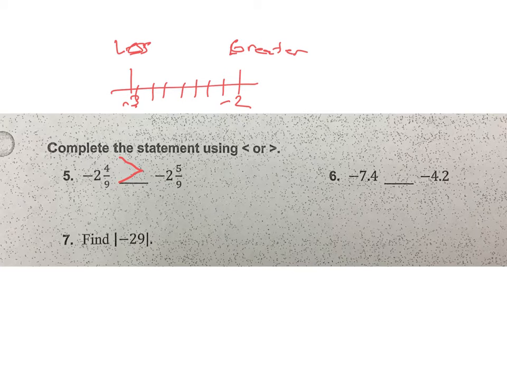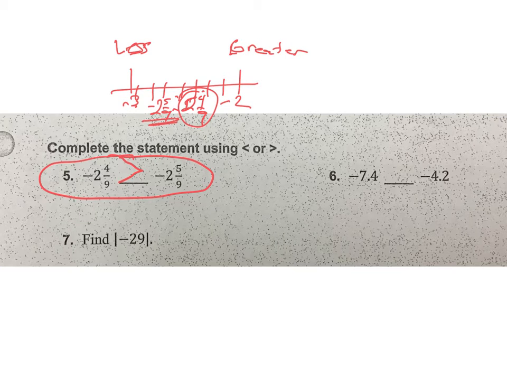And I know negative 2 4/9 comes before negative 2 5/9. So negative 2 4/9 is greater than that, which is what I have right here. Okay.